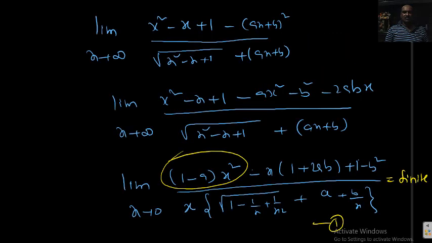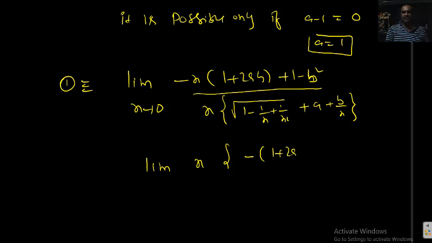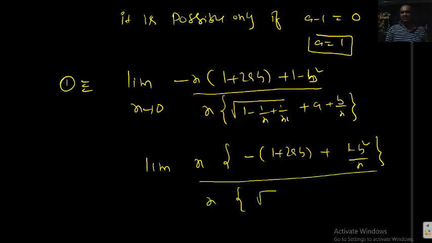Root over 1 minus 1 by x plus 1 by x square plus a plus b by x. Okay, in the numerator also if we take x common, students, now I am finalizing the problem here. x is taken out of the numerator: minus of (1 plus 2ab) plus (1 minus b square) by x, by x times of root over 1 minus 1 by x plus 1 by x square plus a plus b by x.